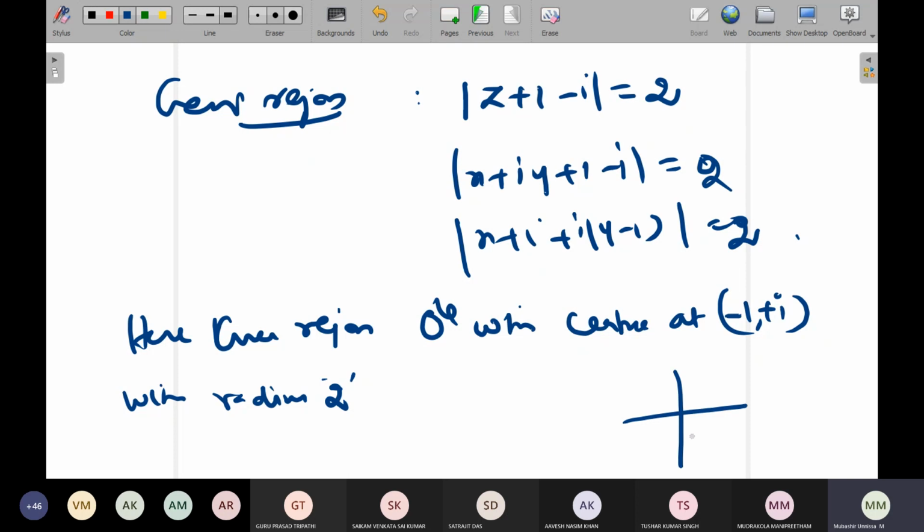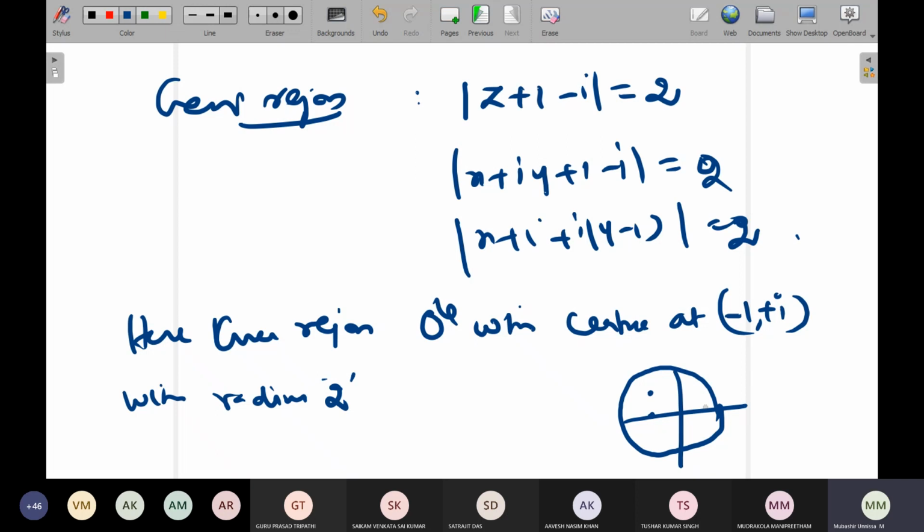Where will be minus 1 comma 1? x equal to minus 1 will be here, and the center is 2. So when you draw the center, you take this one 2, like this.